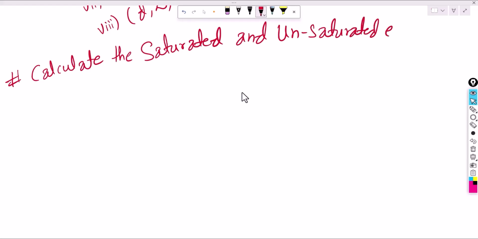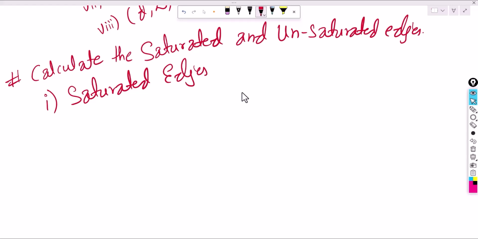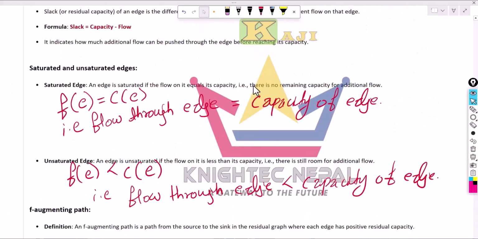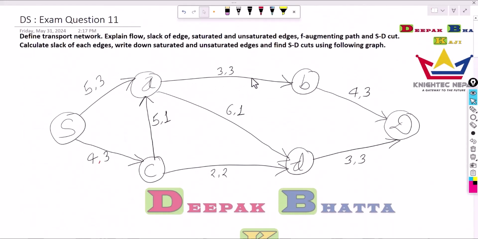Okay. So first of all, write down every saturated edge. So we have the saturated edges in the given question. These are A, B, C, D, and d, D, which all are same.